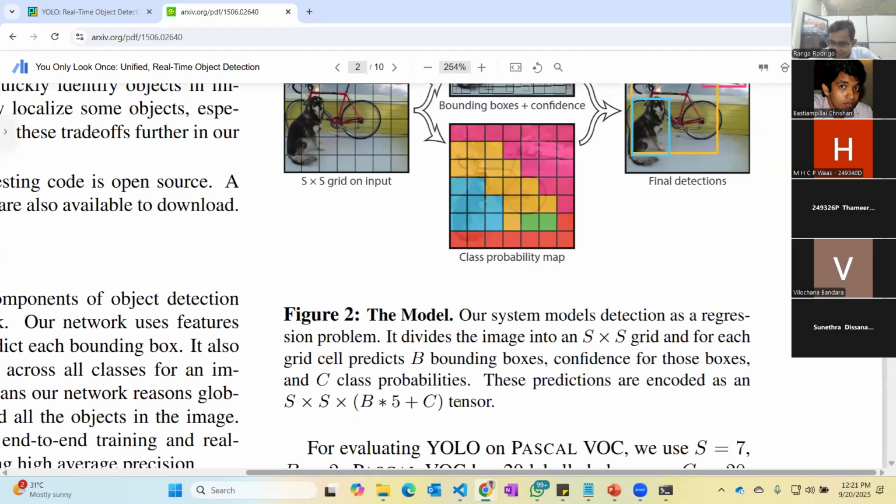S times S, I think you can understand what that means, because each of the grid cells predicts something. What do they predict for each of the grid cells? They predict a number of bounding boxes. There are, let's say, two bounding boxes for objects of this shape and objects of that shape. Two bounding boxes. Now, for each of them, they predict five numbers. What are those five numbers?